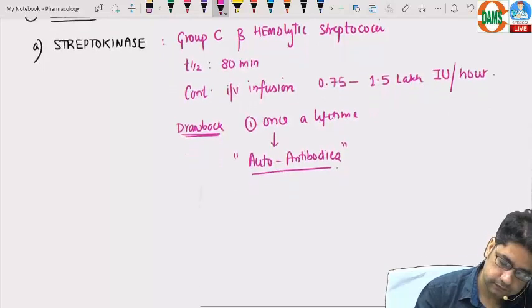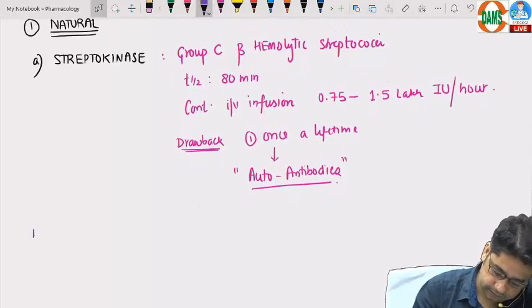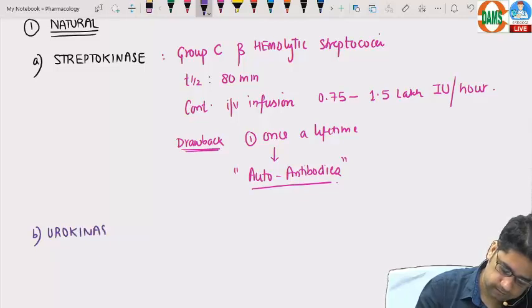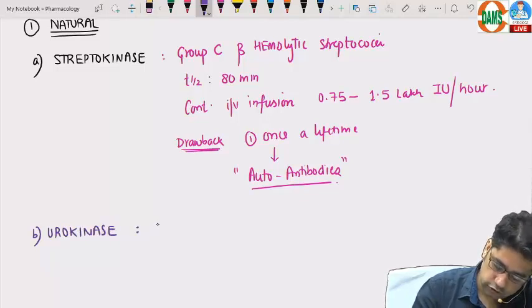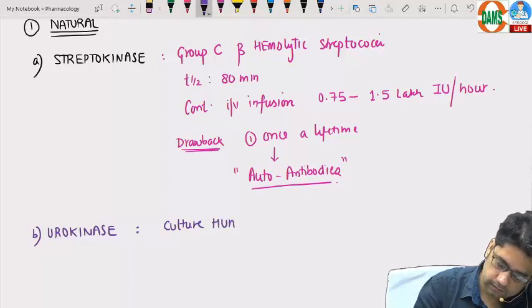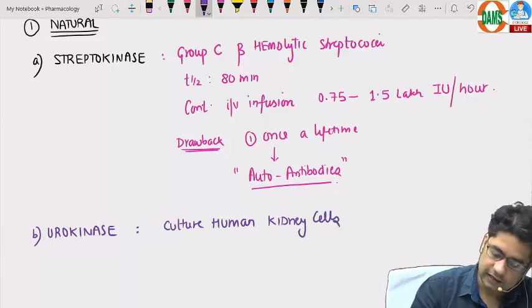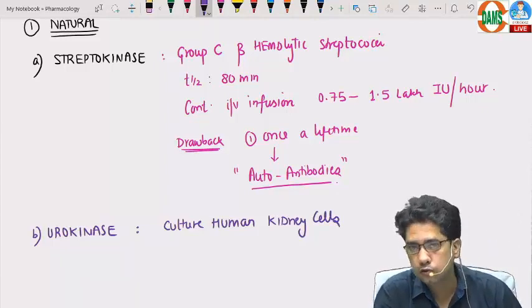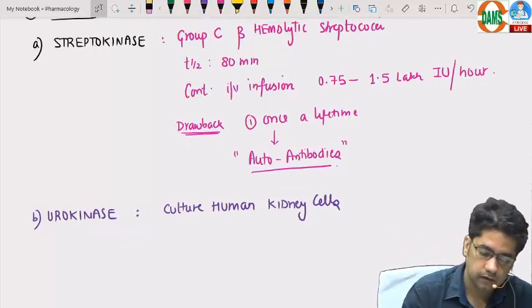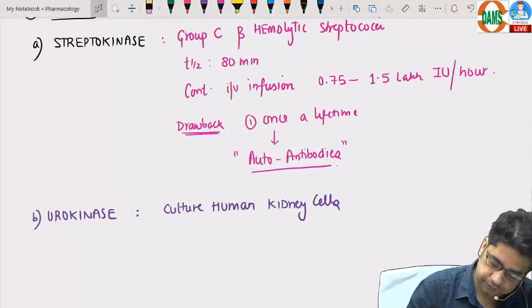Okay. Second drug we have made is urokinase. Urokinase is obtained from cultured human kidney cells. It is normally found in human urine also. It is found in human urine. You'll write half-life 15 minutes.